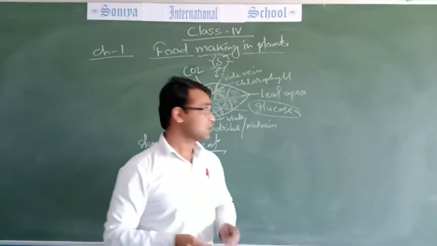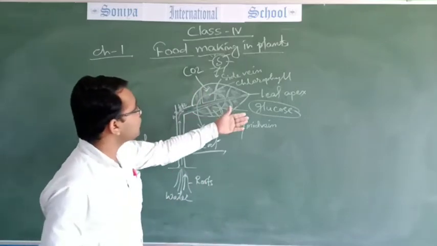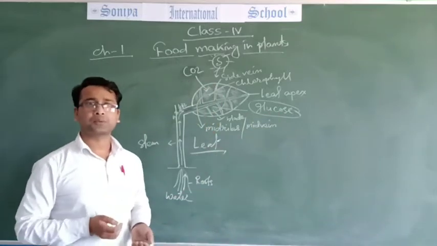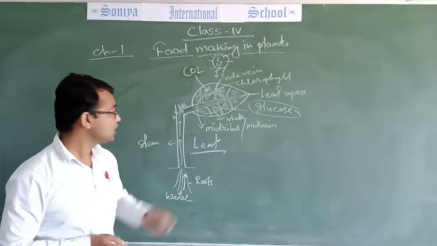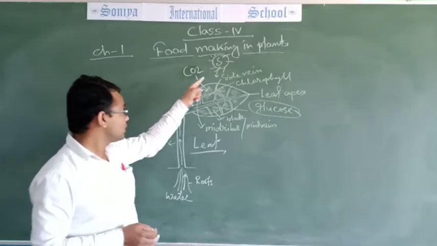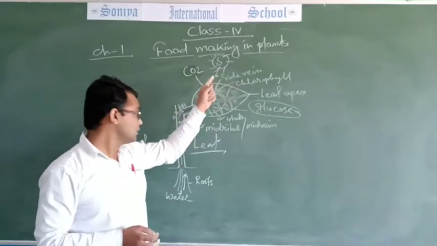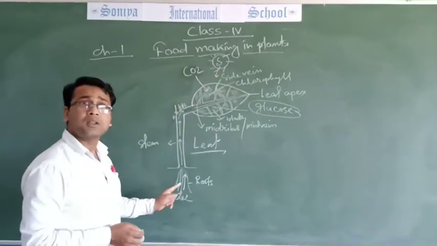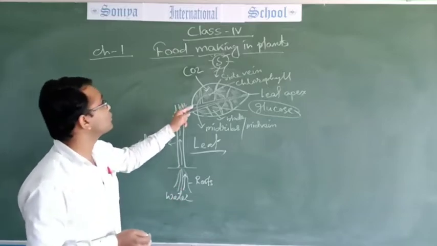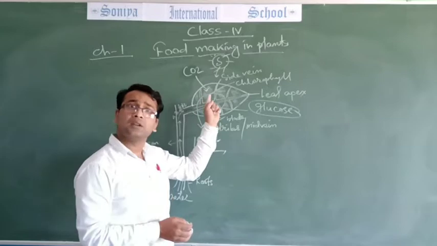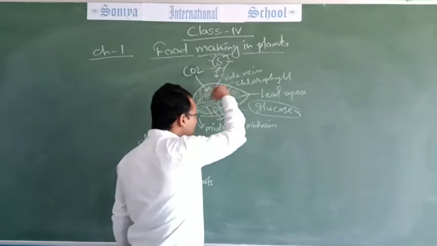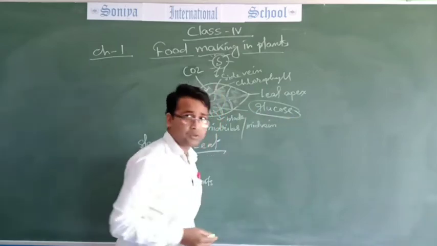Again, I will explain how glucose is formed with the help of leaves. Carbon dioxide from air, sunlight from sun, water from soil by the help of roots. Chlorophyll is in leaves and forms glucose.